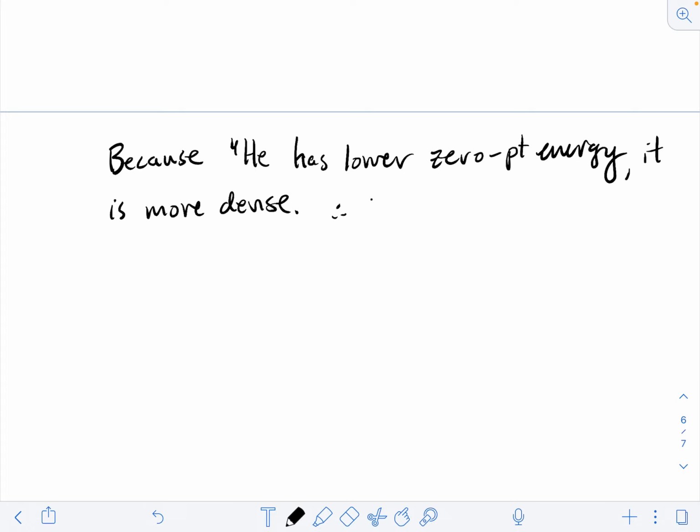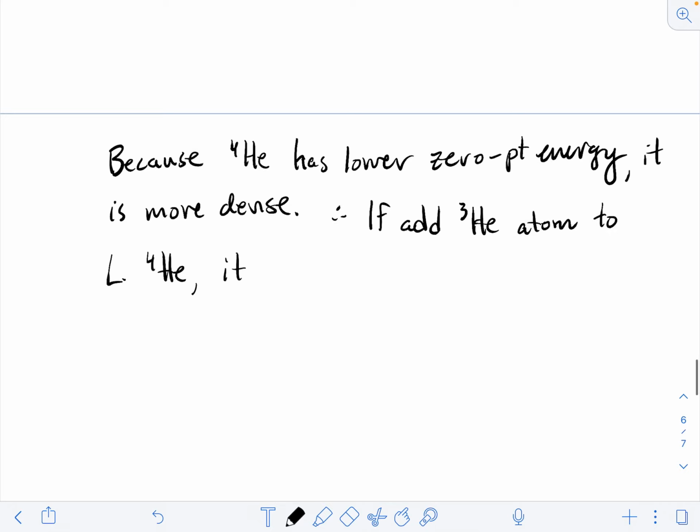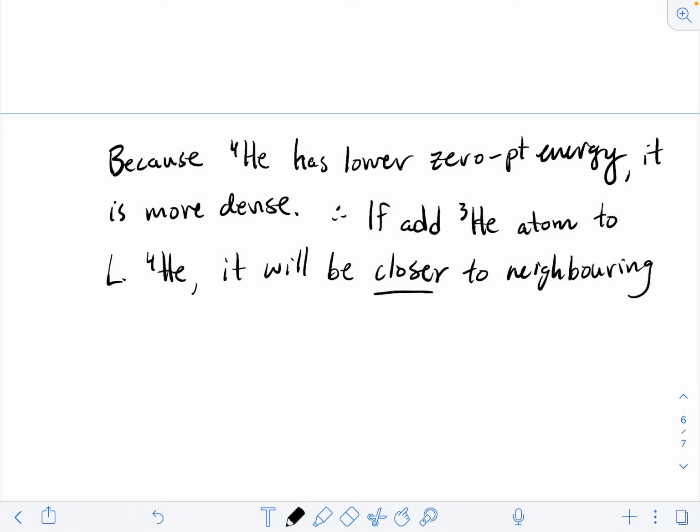So if we add the helium-3 atom to this liquid helium-4, it will be closer to the neighboring helium-4 atoms compared to if it was added to the liquid helium-3.